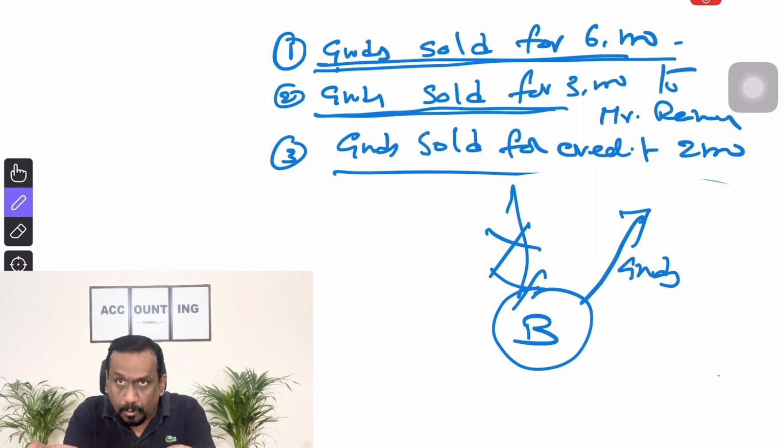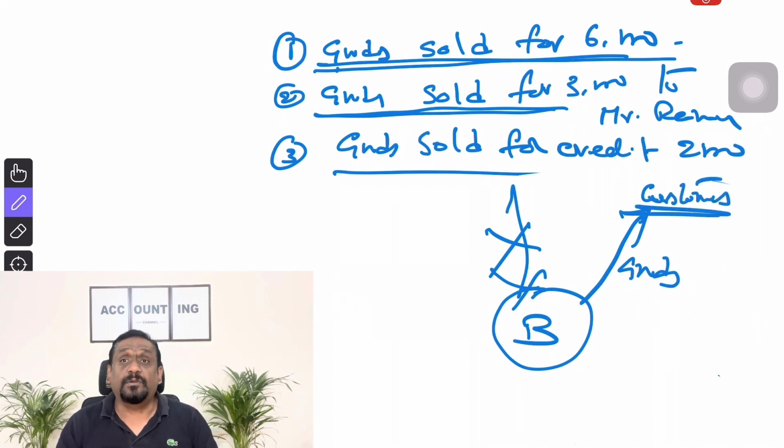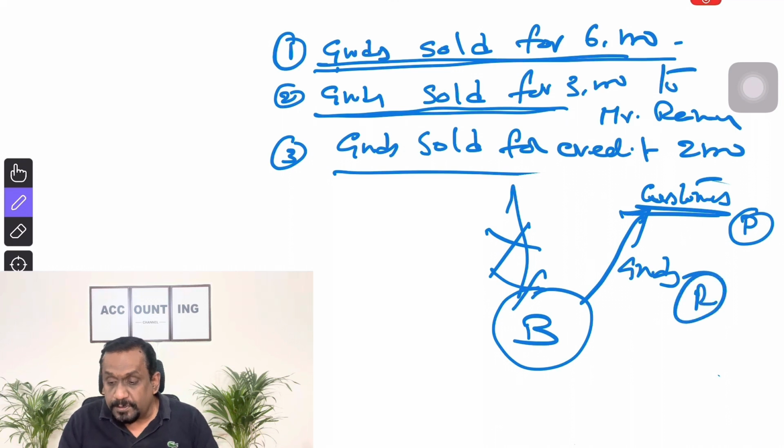Because goods are going out, somebody must be receiving them. As I said, customers are receiving the goods. Customers come under personal account. Goods come under real account. What is the principle under personal account? Debit the receiver, credit the giver. These customers are receiving. So, debit customers account or debtors account.